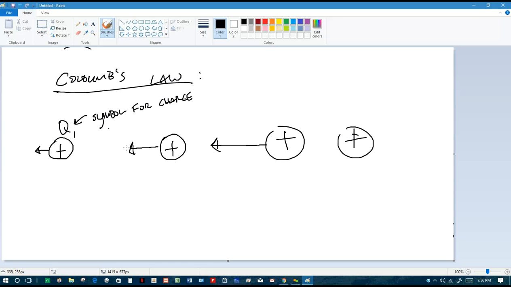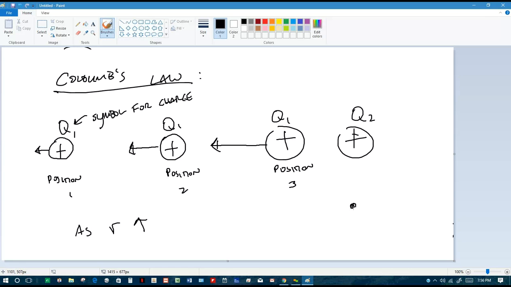So these are all examples of the same charge at different positions, and this is some other charge. Position 1, position 2. Right, so as r increases, because r is now the distance from this charge to this charge.